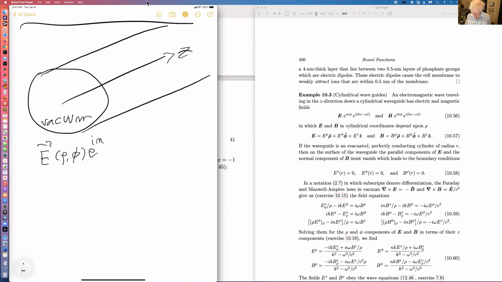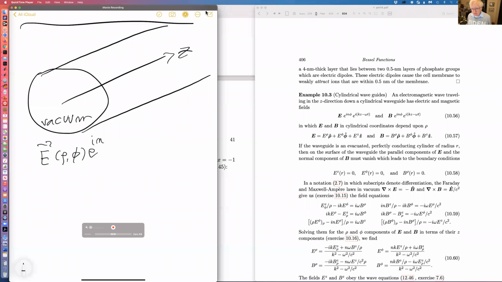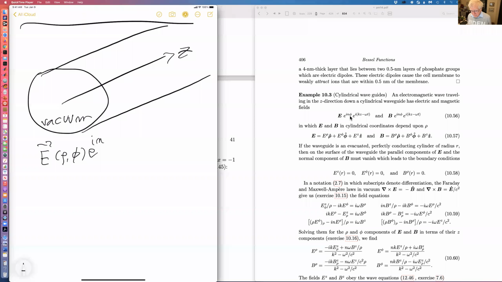Actually, we know the phi dependence also, now that I think about it, don't we? Because the phi dependence is just e to the i n phi. So this is actually a little bit simpler.